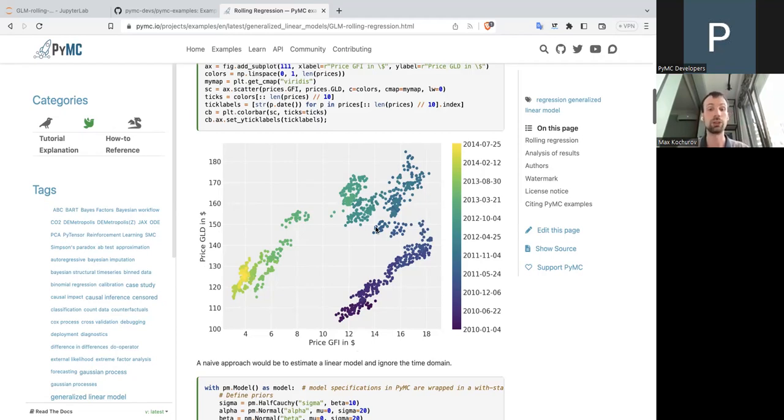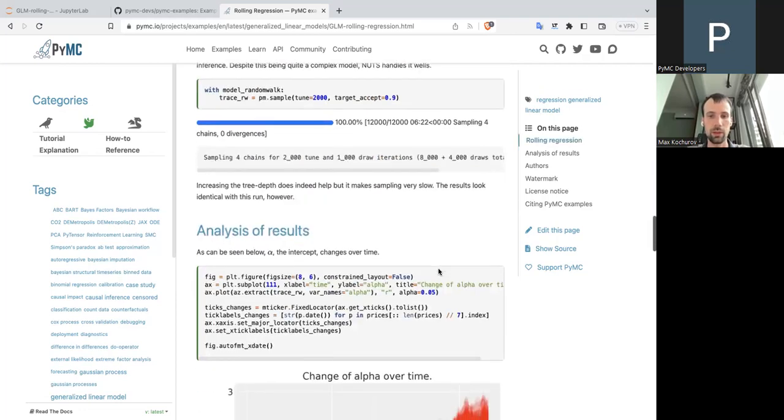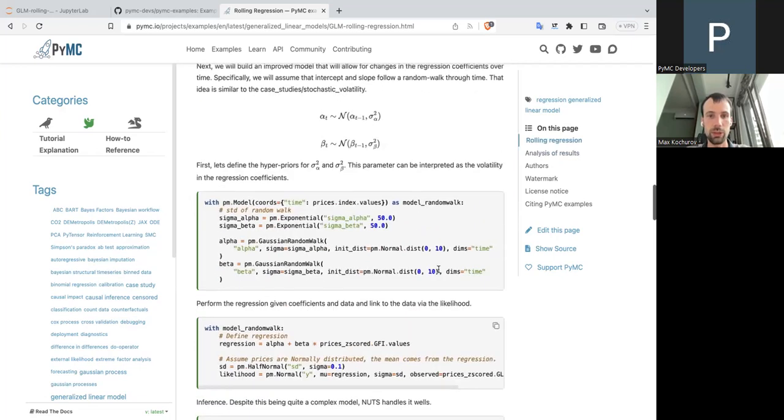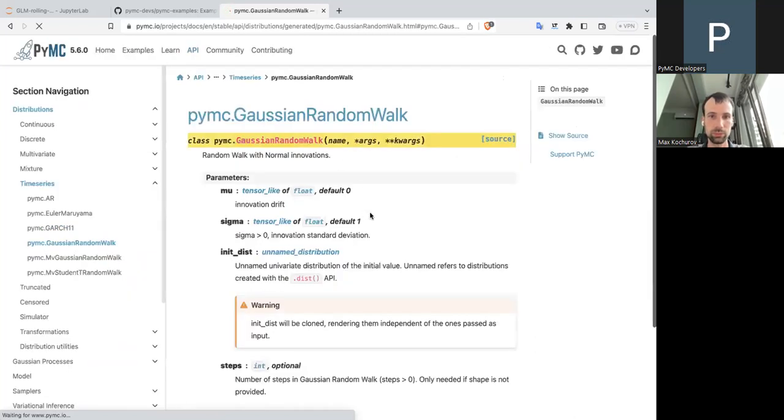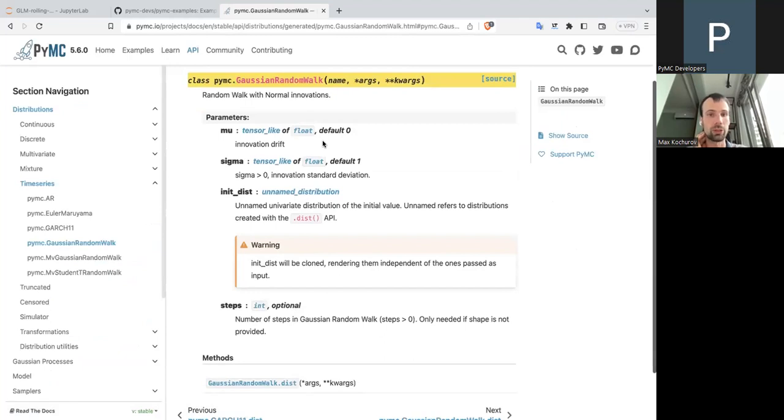So this linear dependence evolves over time. So you can see the shift, the obvious shift in this linear regression. If we worked with the period in 2014, that is very different from the period from 2010. And the basic model used Gaussian random walk, which has some drawbacks.